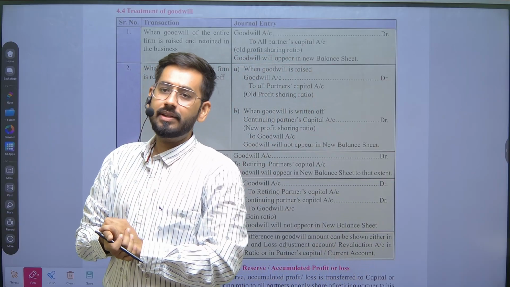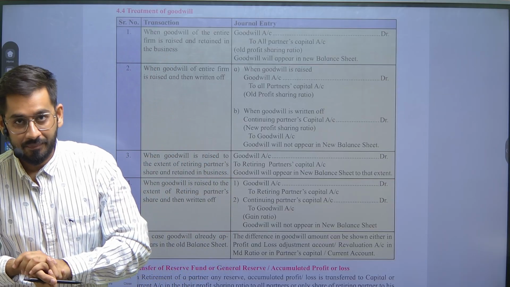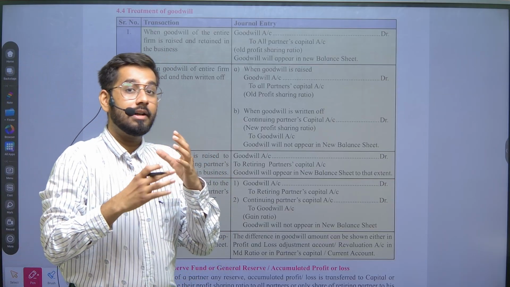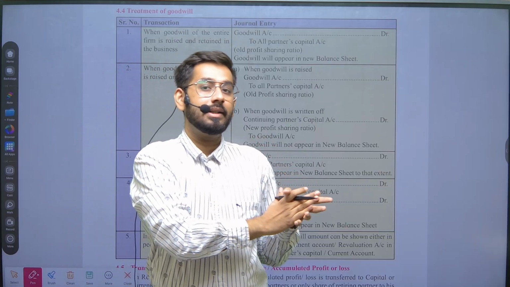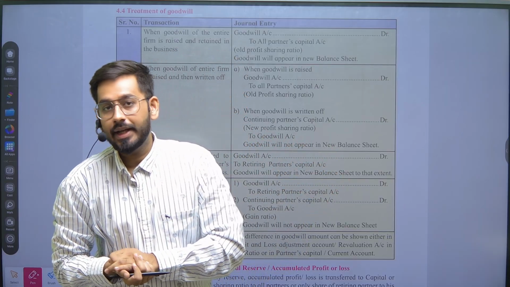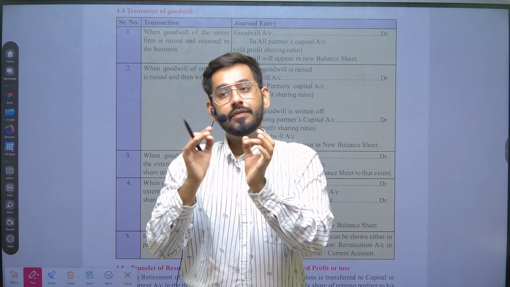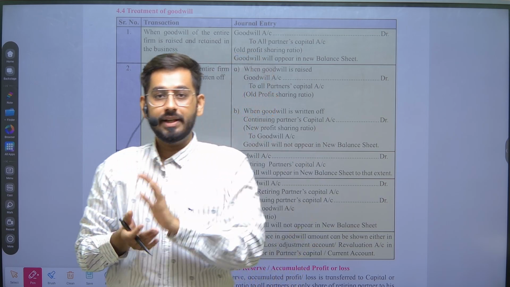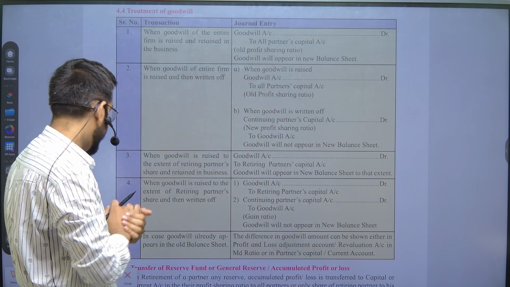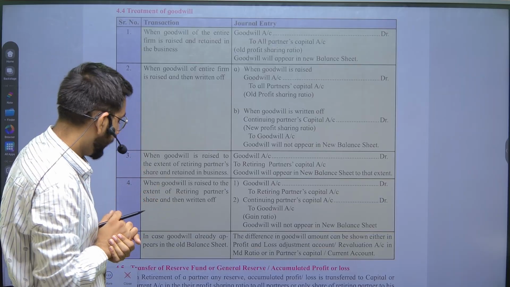But in this chapter, the name is retirement of partner. It means from the existing partners, one partner will be retired, and because of that, changes in goodwill will be there. There are 5 cases in treatment of goodwill.